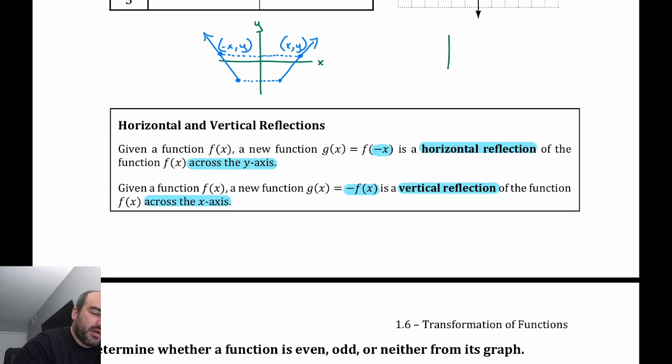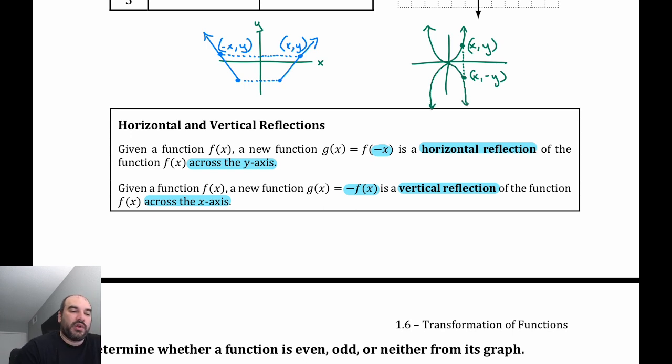So if we have a graph like a parabola, for example, and we take the points on here that are (x, y), and I convert that to (x, -y), it's going to reflect across this axis, and we'll have (x, -y) down here, and this graph would just reflect over the x-axis.